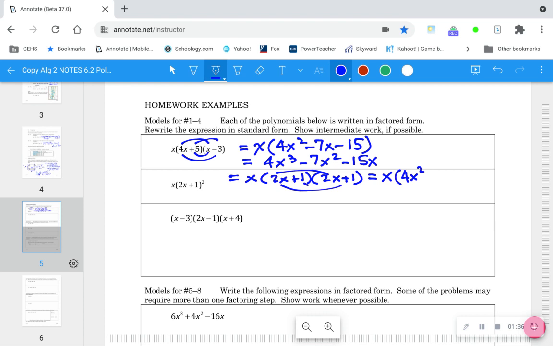Outside is 2x combined with another 2x on the inside. And finally, 1 times 1 on the last times the last. And you distribute the x all the way down. And there's your answer for that one.